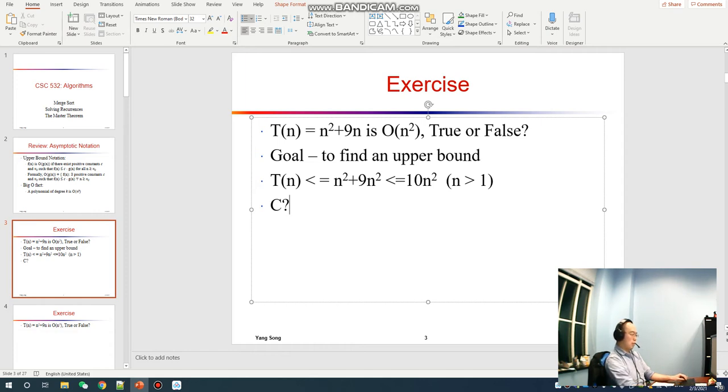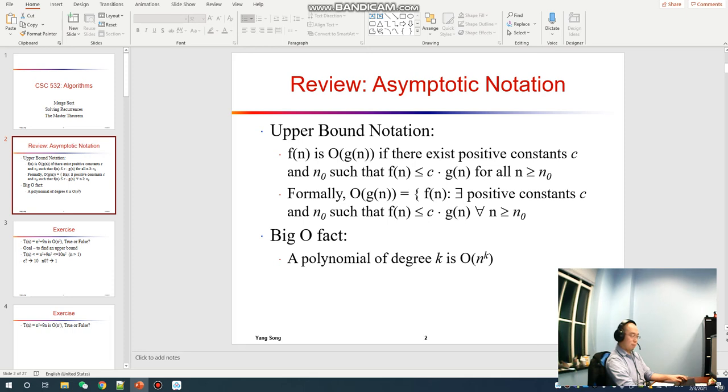So what is c? The c should be this value, so c is 10. And what is n0? n0 should be 1. Let's grab the definition here.